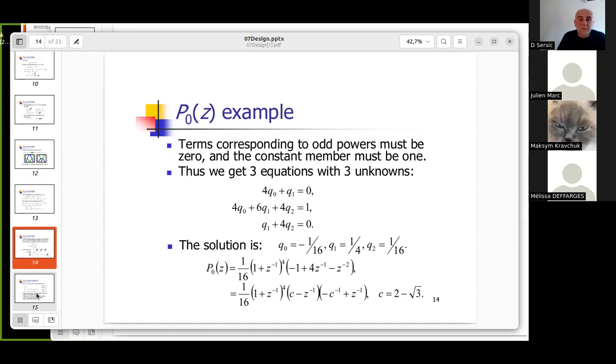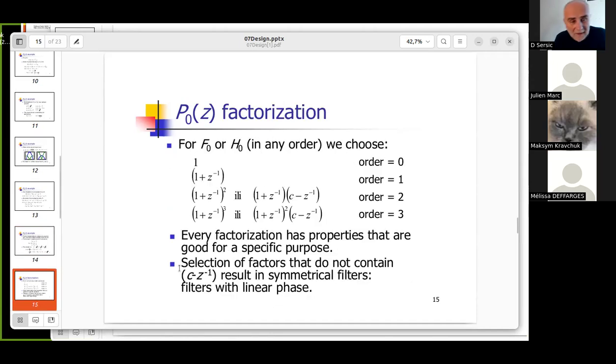Okay, so how to choose the factors? The first choice is, of course, degenerate. You can put one on one side, everything on the other side. It's not very useful, but it's still here. You can take only one term of the binomial on the left-hand side and all the remaining on the right-hand side.